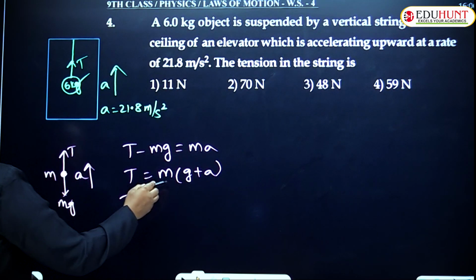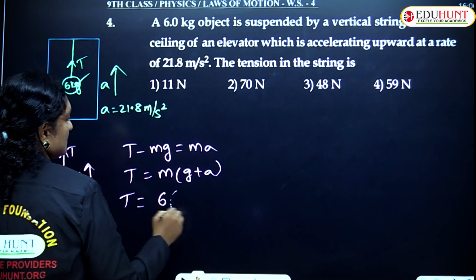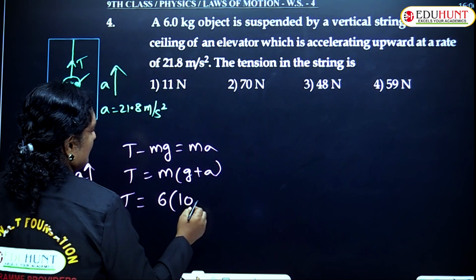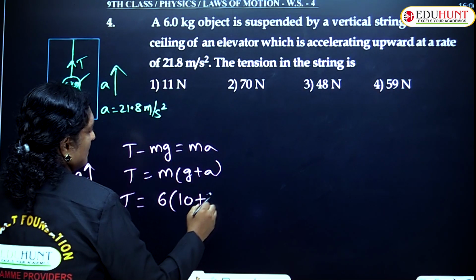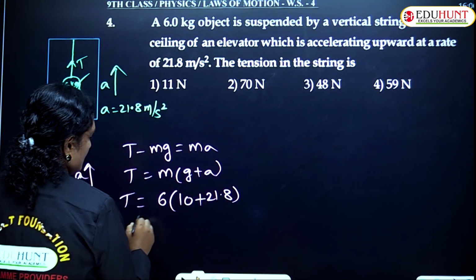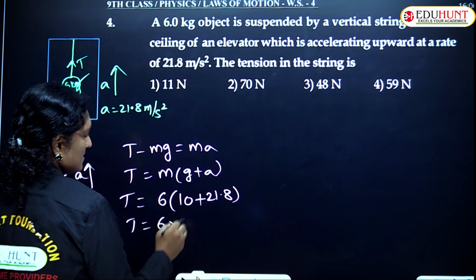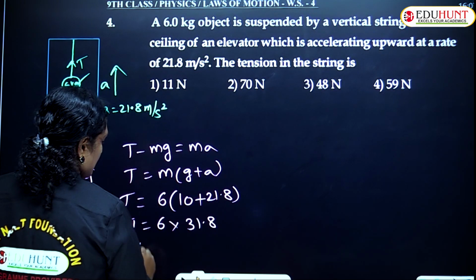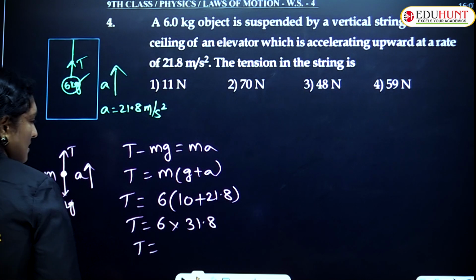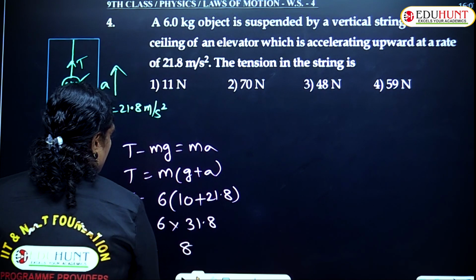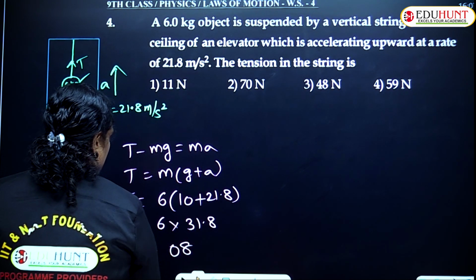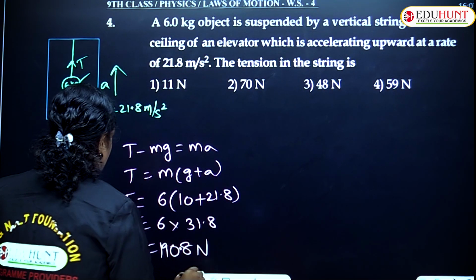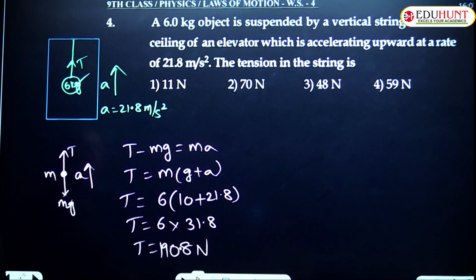Substituting the values, m is 6, g is anything of your choice, maybe 10 or 9.8, and a is 21.8. So T is 6 into 10 plus 21.8, which is 31.8, or T equals 190.8 newtons.